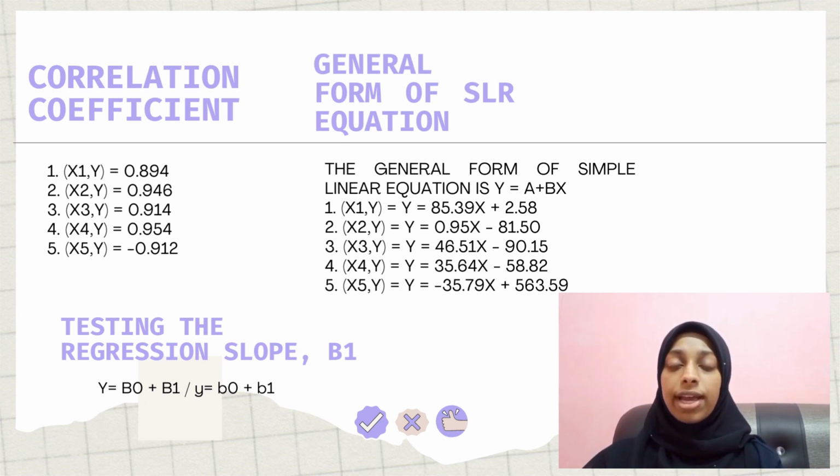For x5, y equals negative 35.79x plus 563.59. The slope for x1 is 85.39, x2 0.95, x3 46.51, x4 35.64, and x5 is negative 35.79.